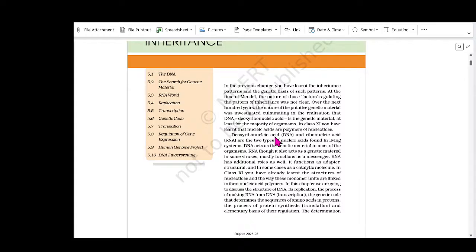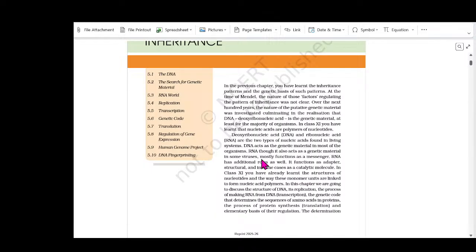Deoxyribonucleic acid or DNA and ribonucleic acid RNA are the two types of nucleic acids found in living systems. DNA acts as the genetic material in most of the organisms. RNA, though, also acts as a genetic material in some viruses.